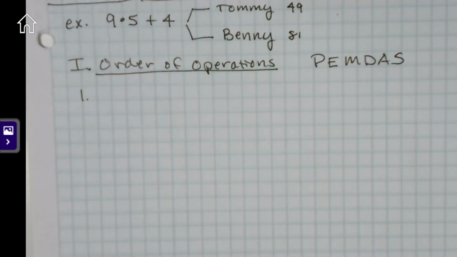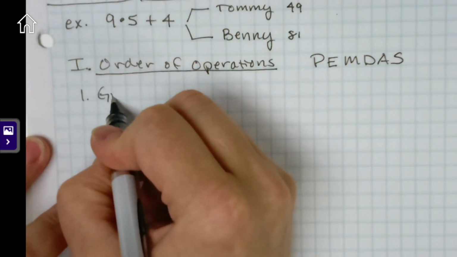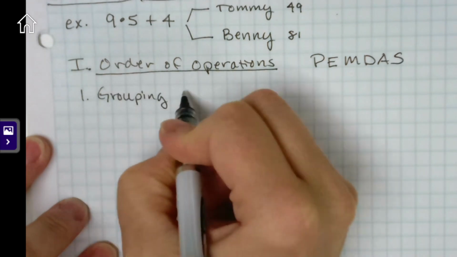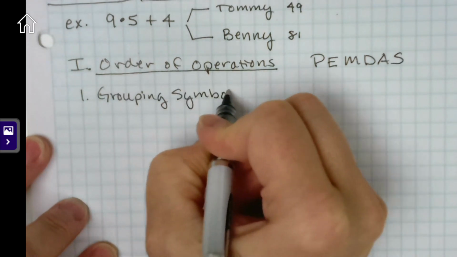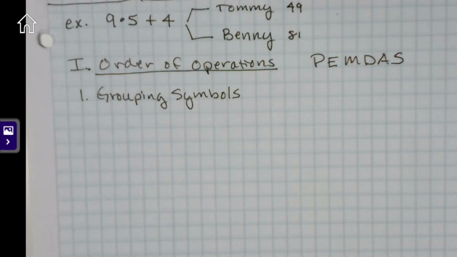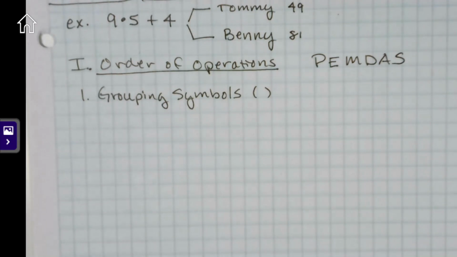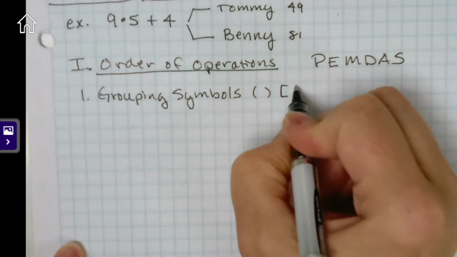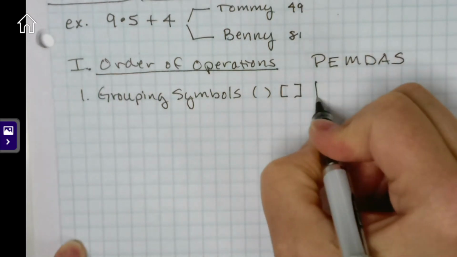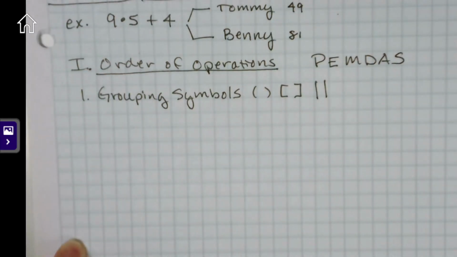So the first step in order of operations is what we call grouping symbols. And in PEMDAS, the P stands for parentheses. That's not completely wrong. Parentheses are grouping symbols. But here's where it kind of falls short. Brackets are grouping symbols. Absolute value bars are grouping symbols.